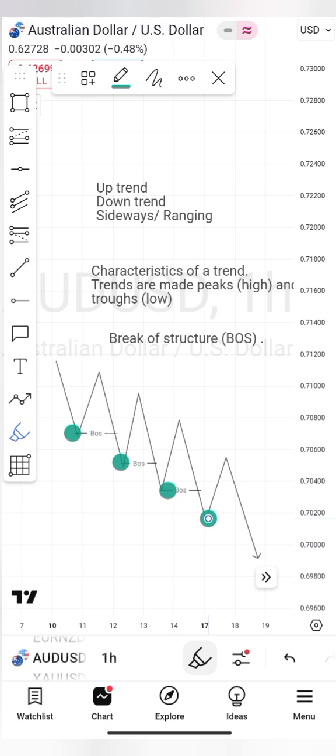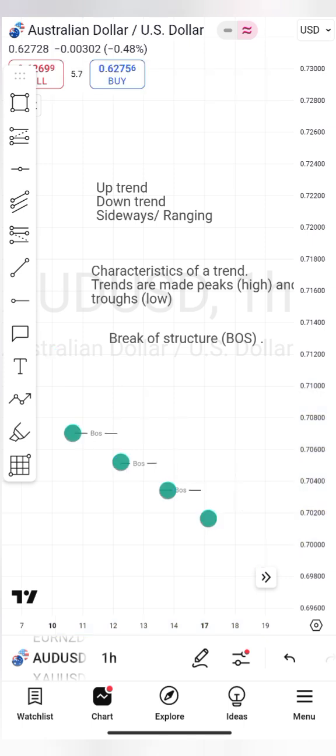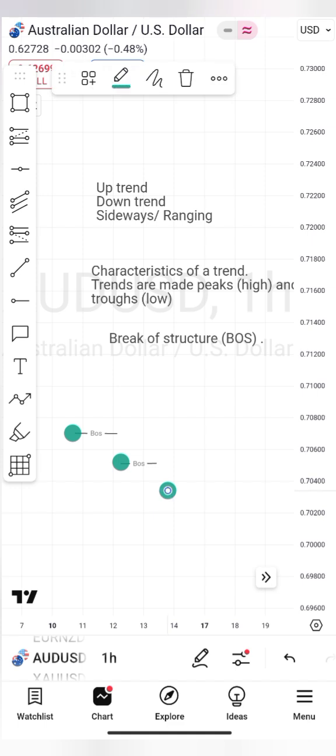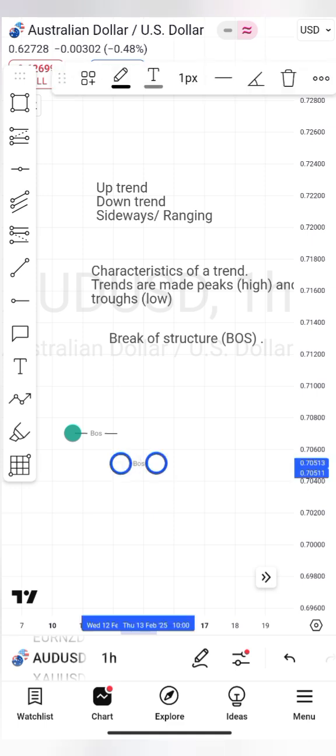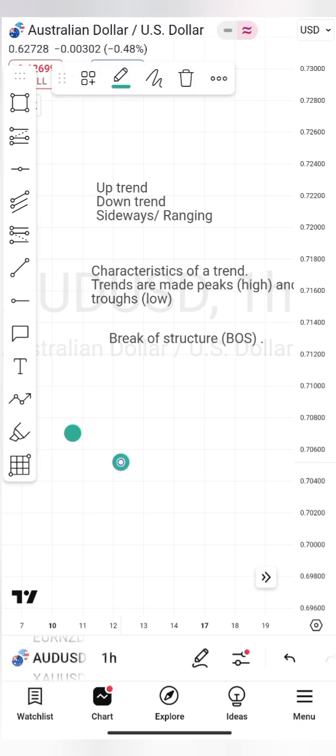Now, as we have already stated, in a ranging market, we don't get new lows, we don't get higher lows or higher highs, we just get the market operating within a range. It might not be as perfect as what I drew, but you'll be able to get an idea of what exactly is going on if you are unable to get a break of structure.